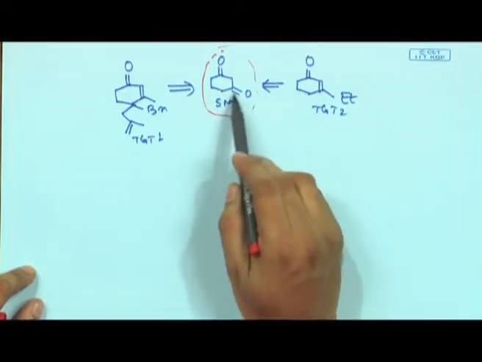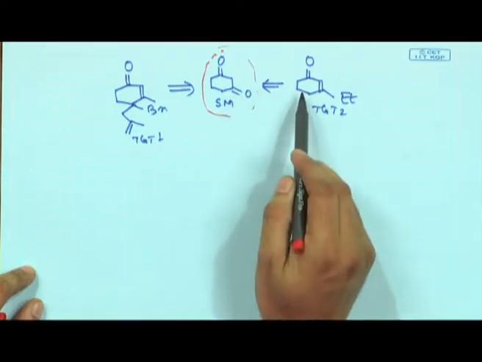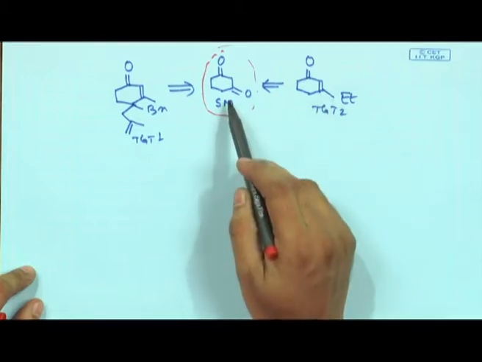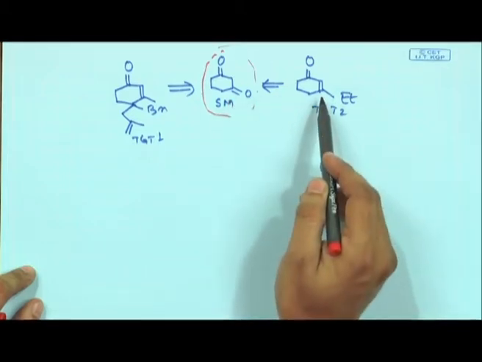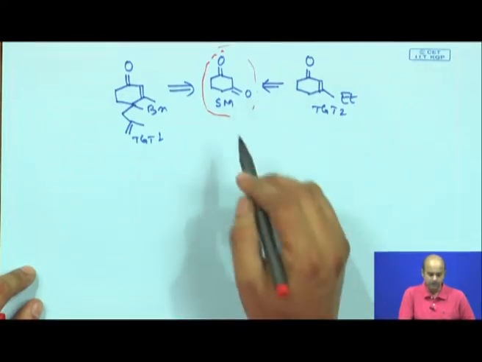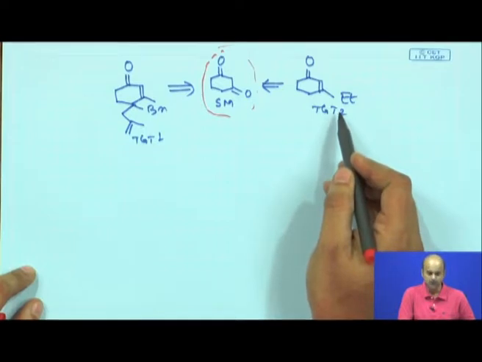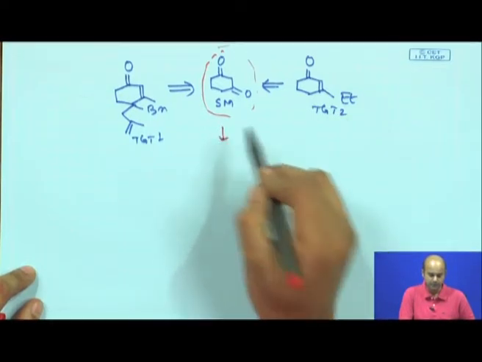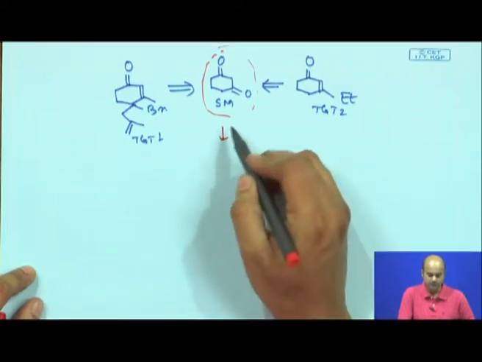Now, if you do a close analogy search, you will find that one of the carbonyl groups in this starting material is not there in the final target. So, somewhere down the line you have to play with one of the carbonyl functionalities, and you have to introduce an ethyl group. We will do a forward pathway.